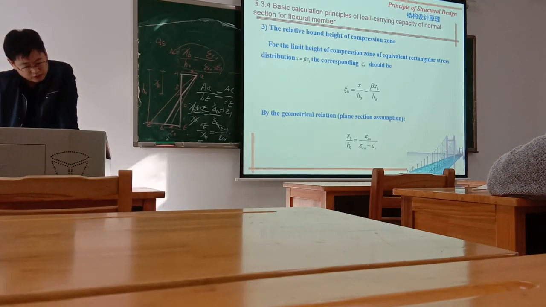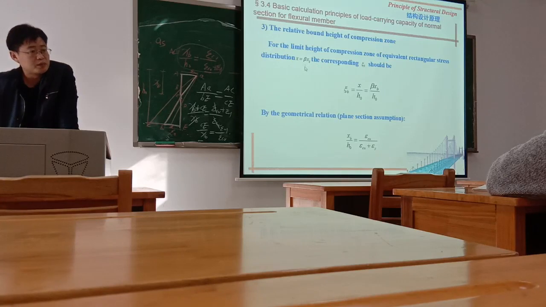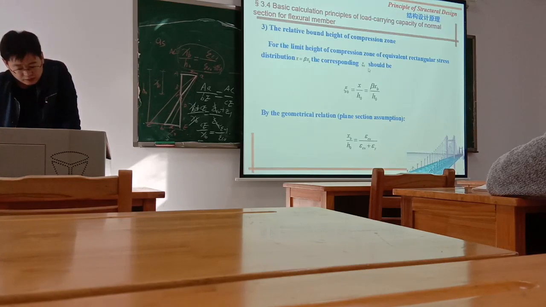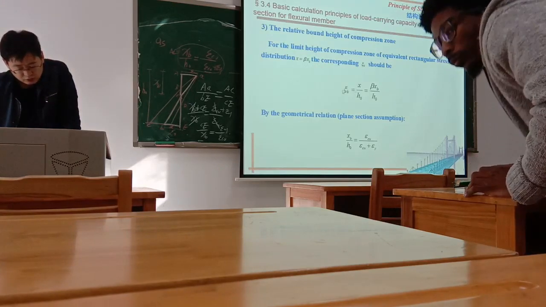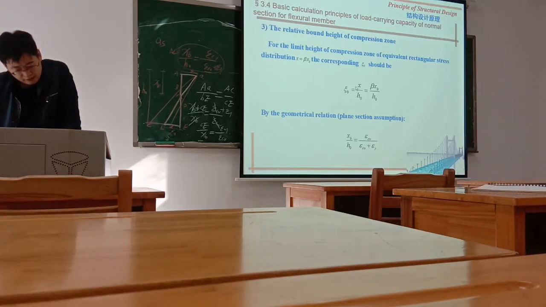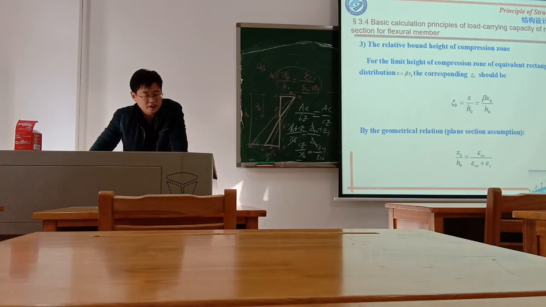This part actually still has no problem, because it's better we see x divided by xc. So the corresponding CB should be, now we use x divided by h0.